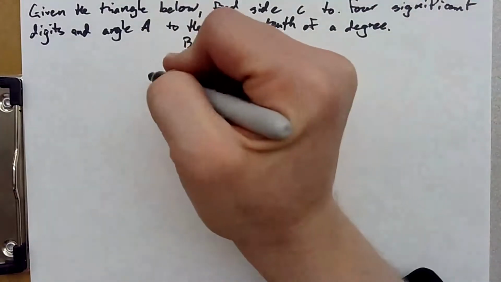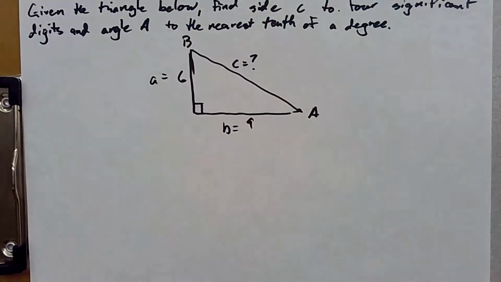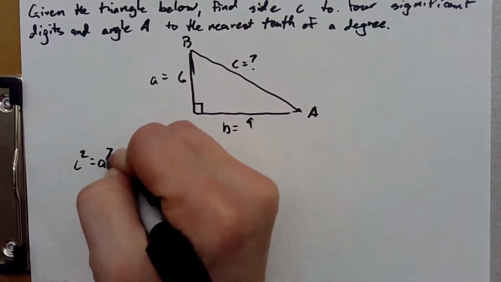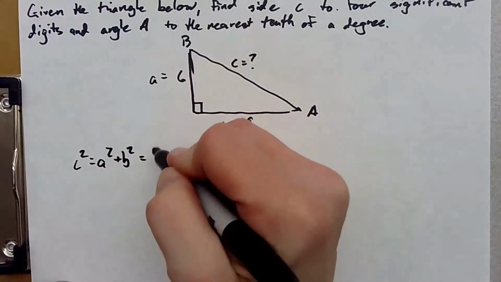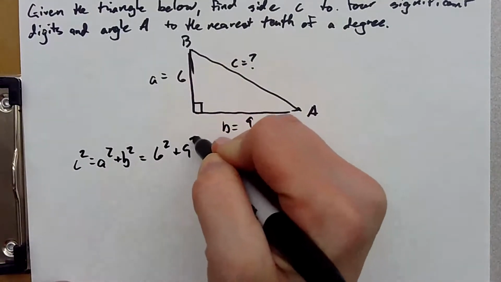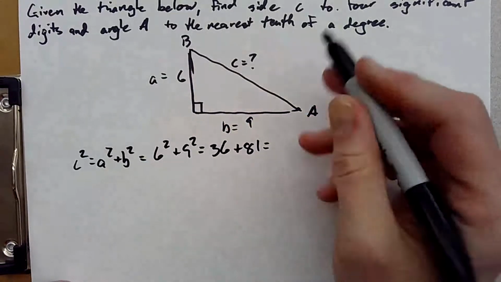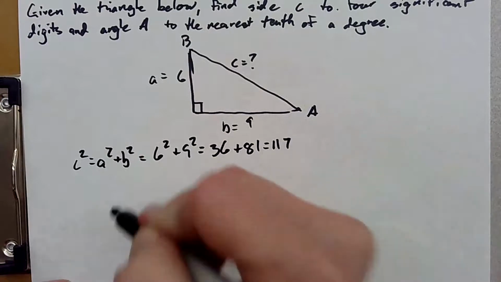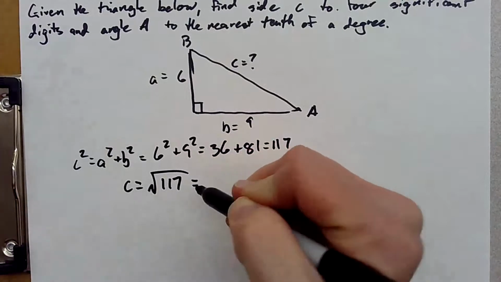That is respectively side A and side B. So we know that C squared equals A squared plus B squared. So that's 6 squared plus 9 squared is 36 plus 81, which is 117. Therefore, C is the square root of 117.